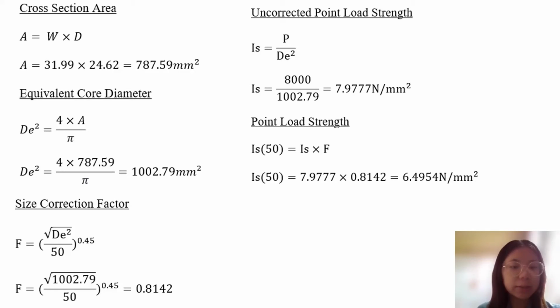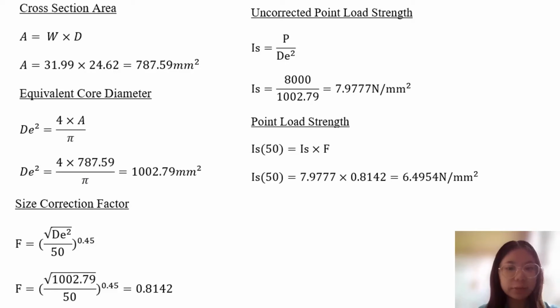We just substitute the equivalent core diameter we calculated just now to get the size correction factor by using the equation in our theory. The next step is we need to calculate the uncorrected point load strength.